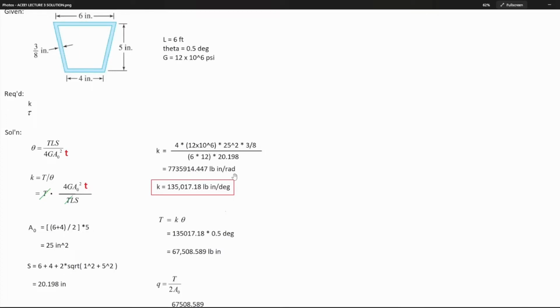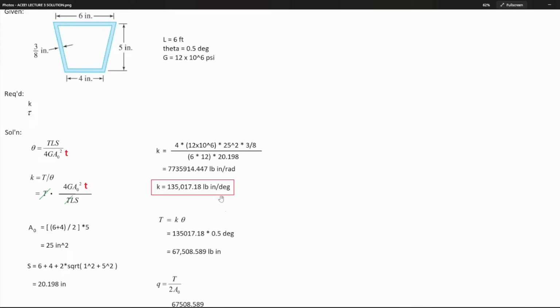Again, you have radians there, so let's convert to degrees. You'll have K equal to 135,017.18 pound-inch per degree. So, this is our first answer.